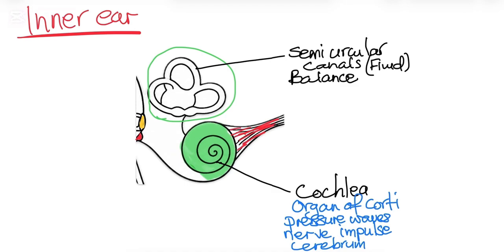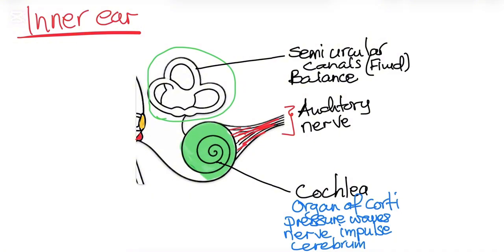Now, having looked at that, let's see how the nerve impulse is transported to the brain. The nerve impulse is transported to the brain through this nerve, which is called the auditory nerve. Please don't confuse it with the auditory canal.